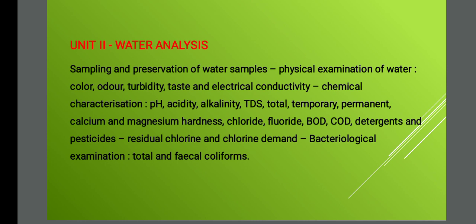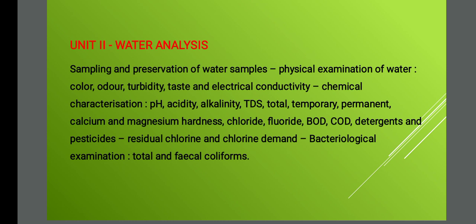Then residual chlorine demand, followed by bacterial examination like total as well as fecal coliform. So this is the syllabus in water analysis. This unit is very simple. It's very easy to study.